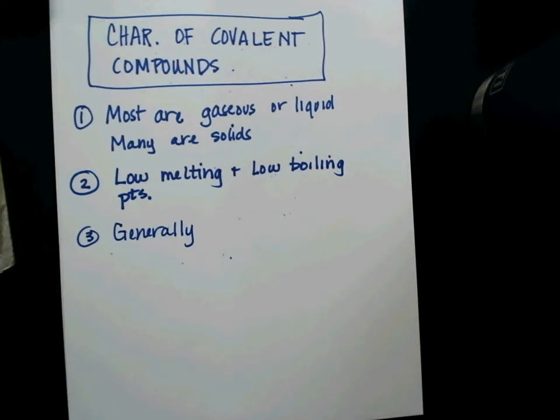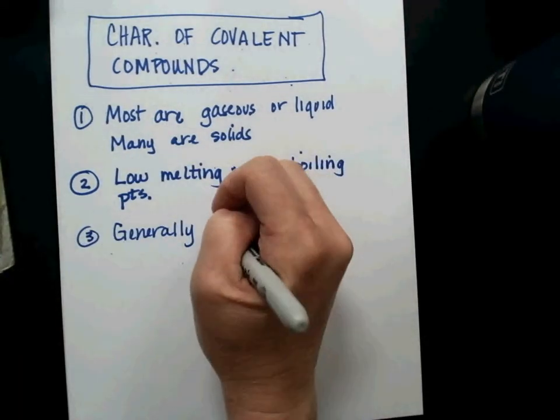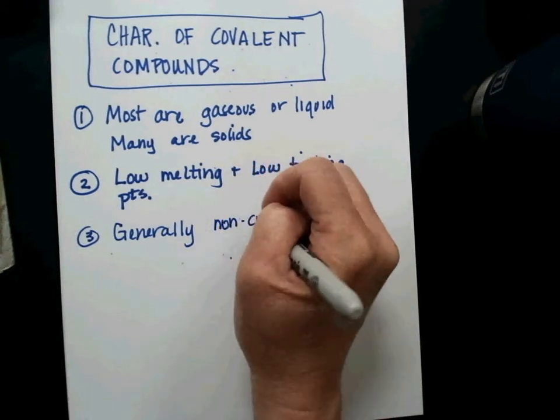Did you find those that had low melting points to be conductors or non-conductors? Do you remember? Don't remember? Okay. Hopefully, when you look at your data, when you get those papers back, you will see that those things that had low melting points were generally non-conductors.